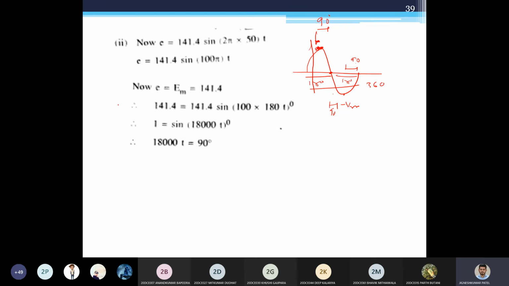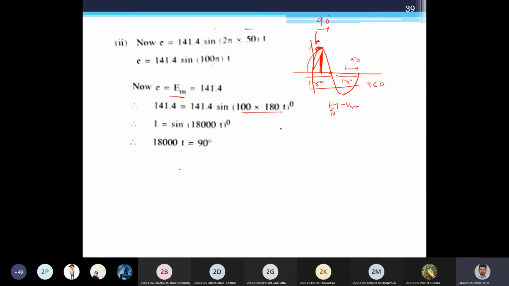So what we are going to do is directly equate the maximum value in the equation itself, and I'll get at what time instant it is maximum. So first I'm going to do that by putting these values directly in here.